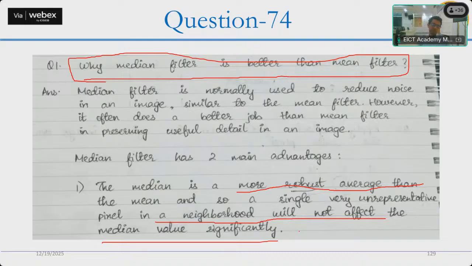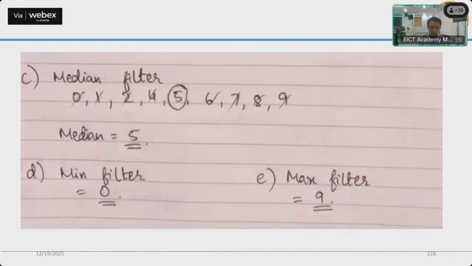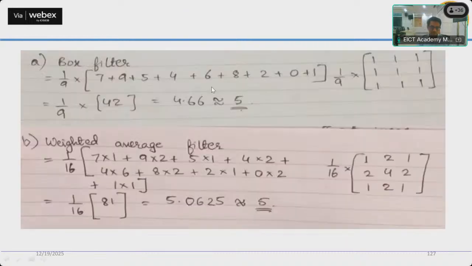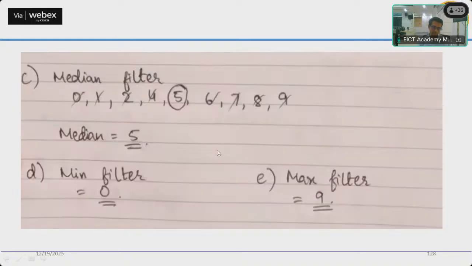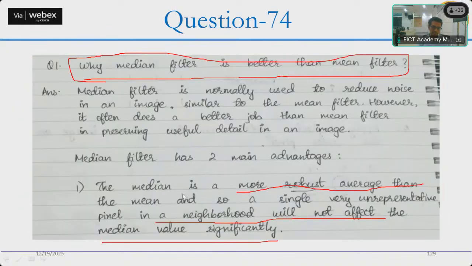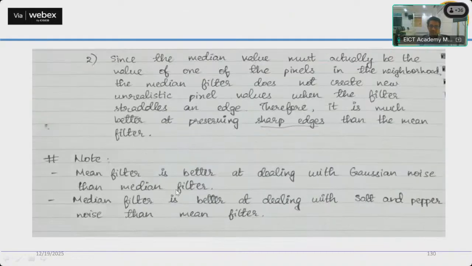When we are taking the mean value, in the last example, here 1/9, if some value is 50, then this mean will come out very high. It may be noise also. But if it is a median, it will not allow it to affect the result. This is the one point.